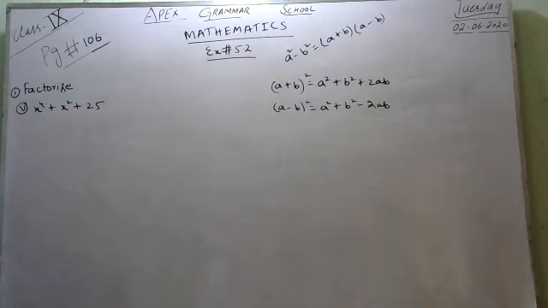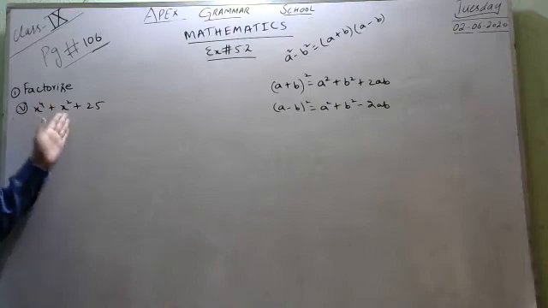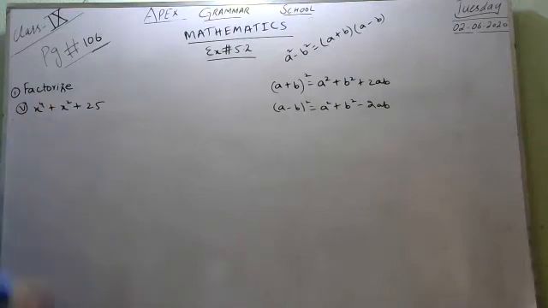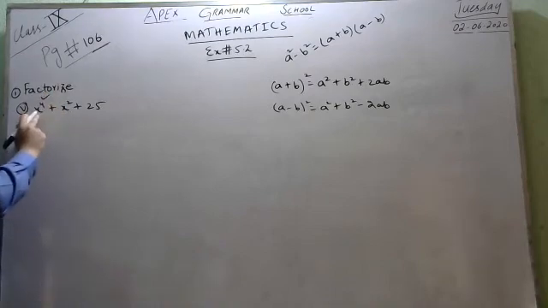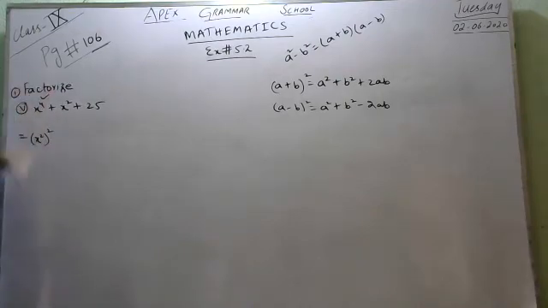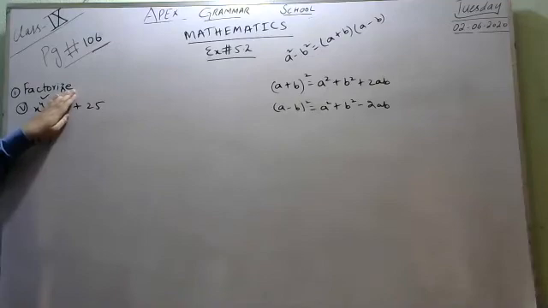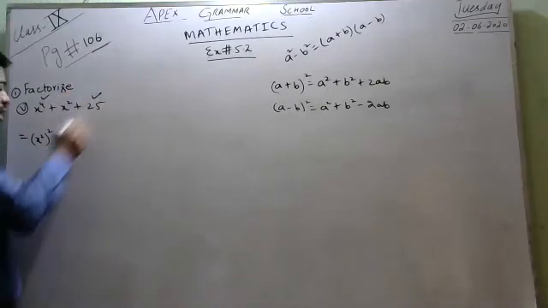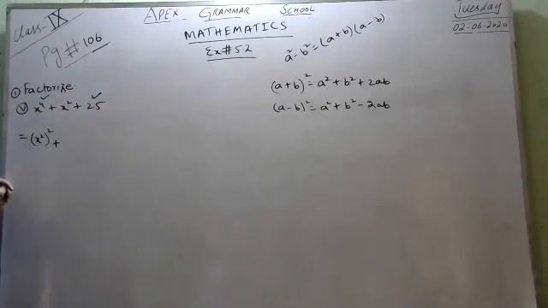So you have to find two positive squares. In this question, x⁴ is also a square, x² is also a square, and 25 is also a square. You have to take the highest value of square. First is x⁴, that is (x²)², and 25 is the square of 5.